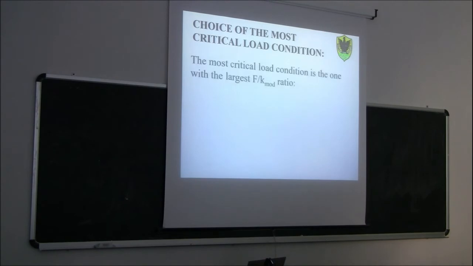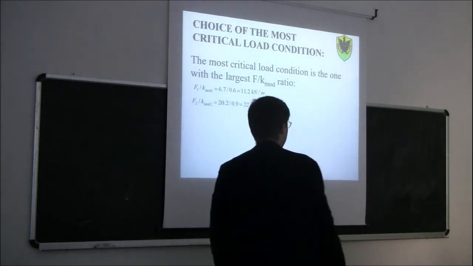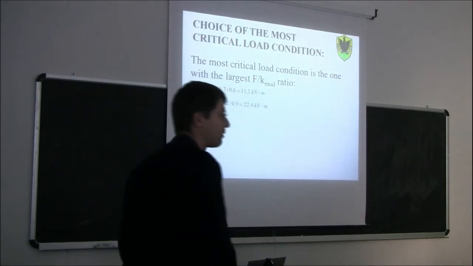And then we can do this ratio. So F1, only permanent, 6.7 divided by 0.6, is 11.2 kilonewton per meter. Second one, F2, is 20.2 divided by 0.9, which is 22.4.